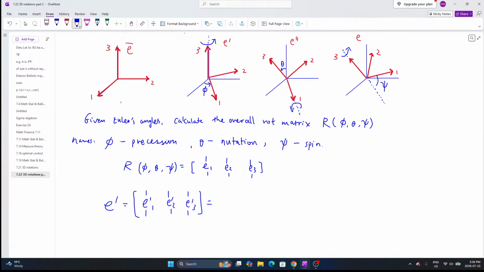So that's just, hold on a second. So E1, E2, E3 is, I forgot the matrix.